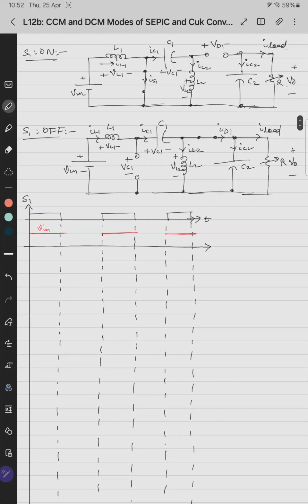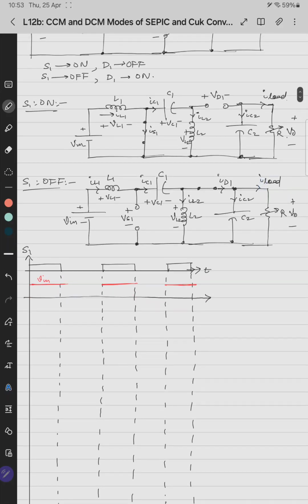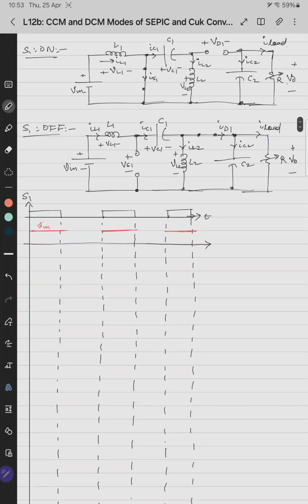So in the first case VL1 is equal to Vin, and in the second case VL1 equals Vin minus VC1 minus V0.